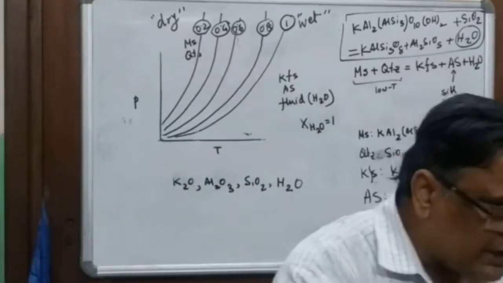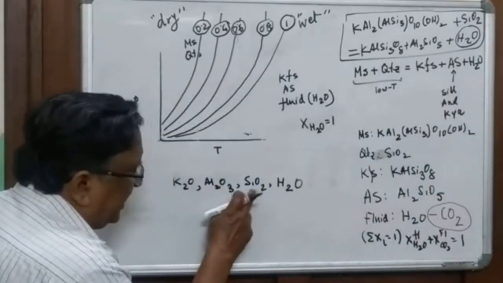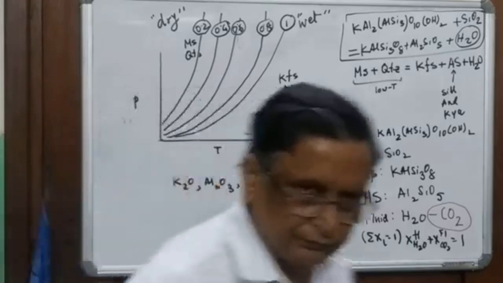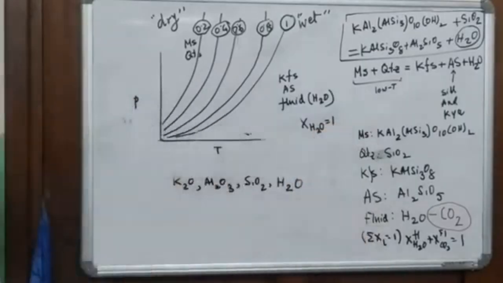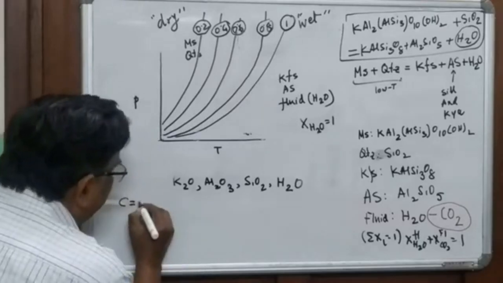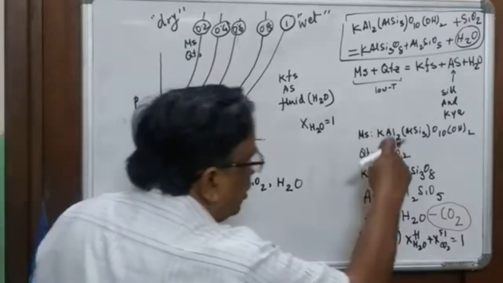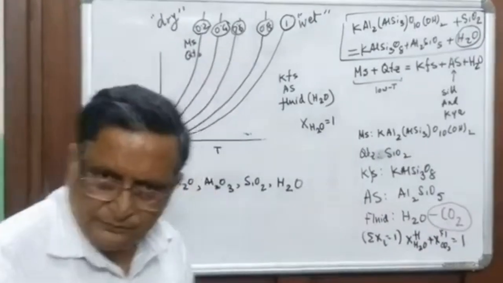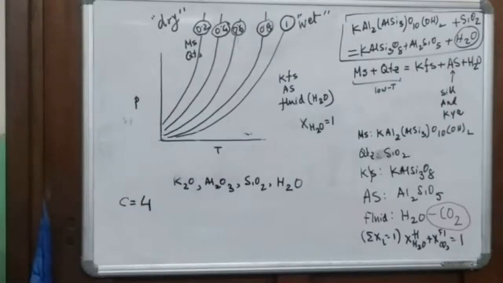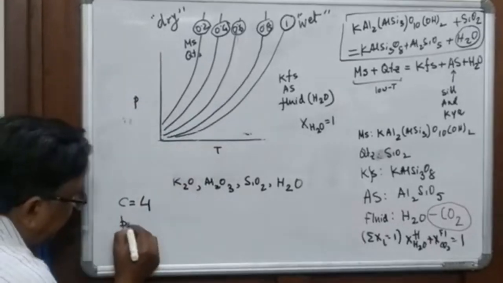It could be written in some other way, but it doesn't matter. K2O, Al2O3, SiO2, H2O: a 4 component system, where all the phases are there. And so here C is equal to 4. 1, 2, 3, 4. You see, I can write all formulas in terms of K2O, Al2O3, SiO2 and H2O. So here C is equal to 4. What is P?